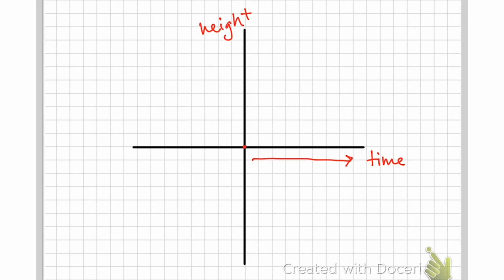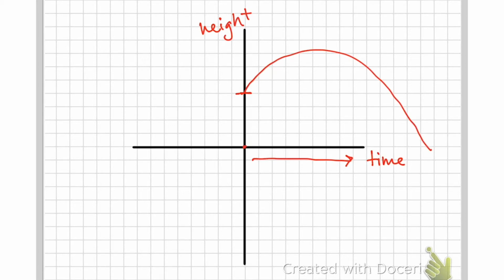I want to figure out where it is starting from. I'm just going to say right here, because we know it's not starting from the ground, because it says it's being shot off from a platform. And we know it's going to look something like this.